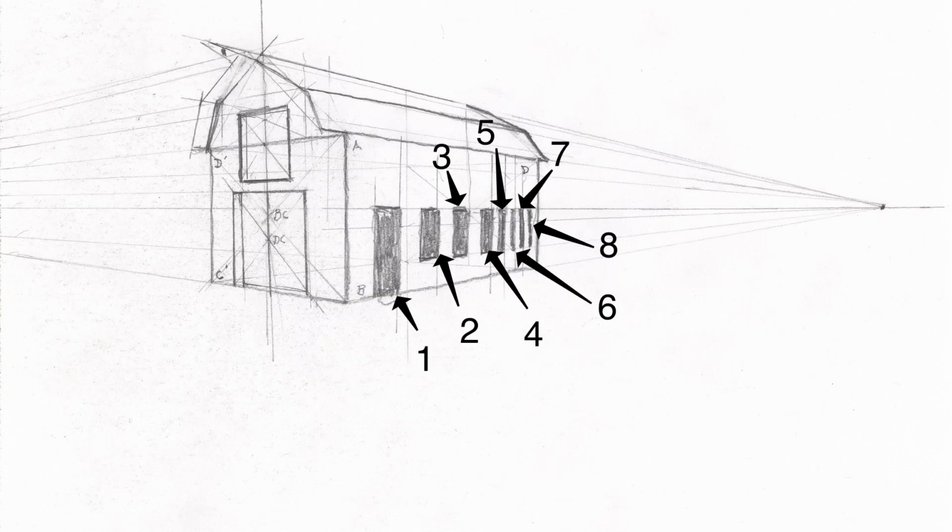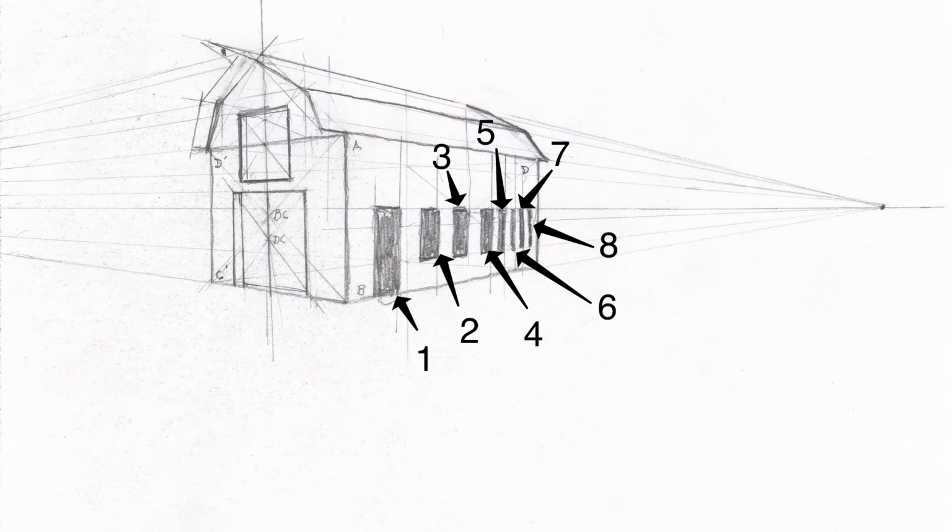So I put a vertical line in for that, a guideline, and then the height of the door was just under the height of the garage doors by some, and I put a mark on the AB line for the top of the door where I felt that was. I drew that to the vanishing point, and then I filled in the door. I noticed the door is about half the width of that distance from the back of the door to the front edge of the building. So I blocked that in.